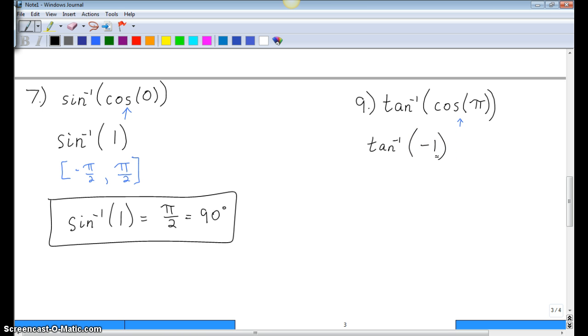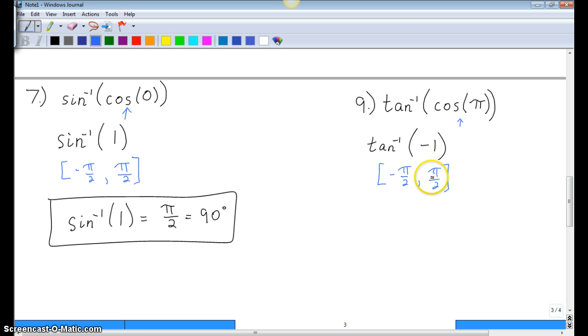Now, cosine of pi is negative 1, so tangent inverse of negative 1, we're now looking for an angle. Remember, the range of tangent inverse is just like sine, negative pi over 2 to pi over 2.